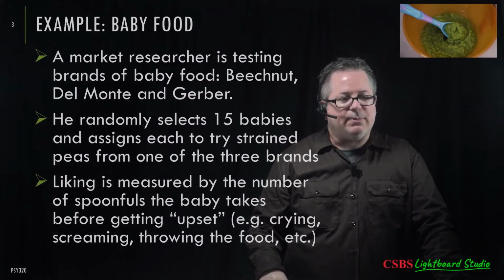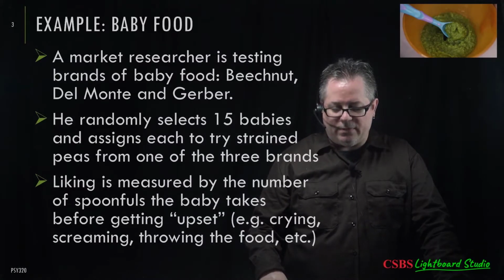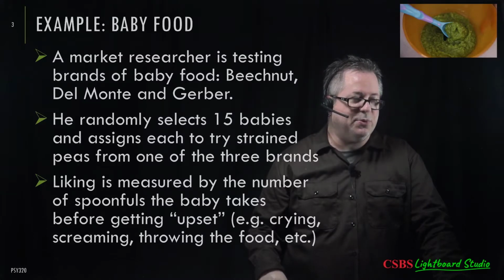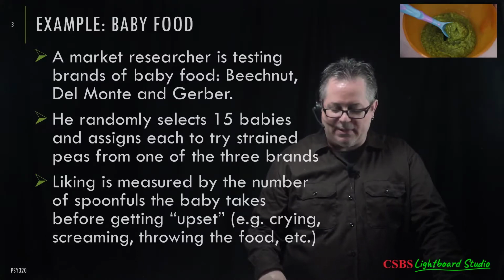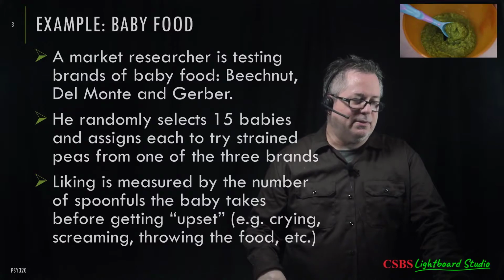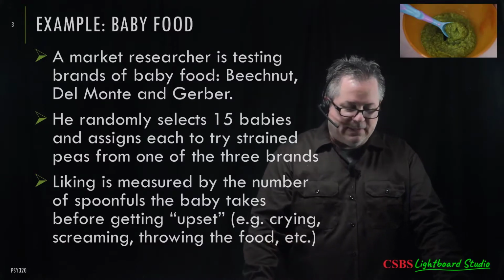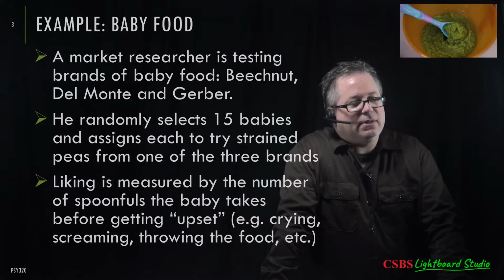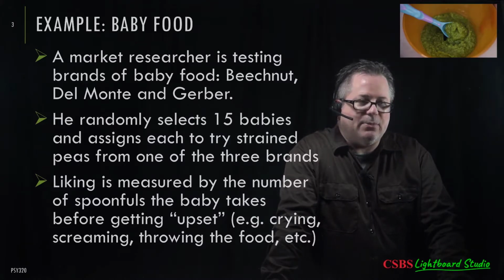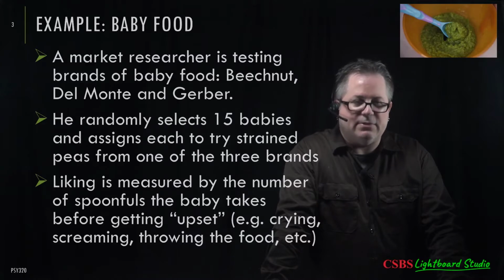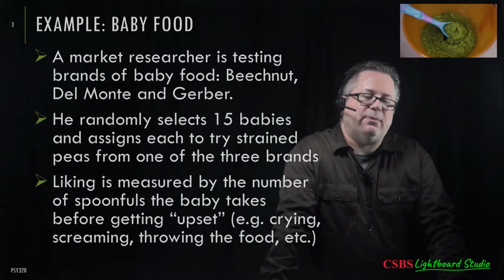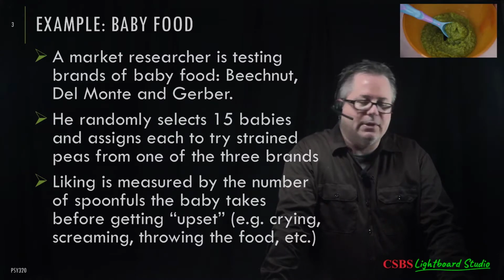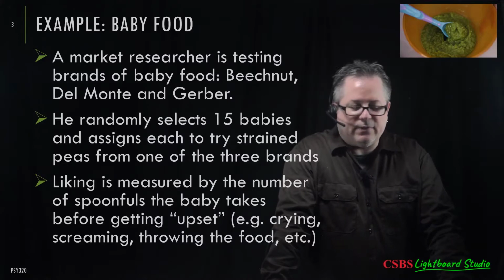They probably pick strained peas because of all the baby food, it's one of the grosser ones, at least in my opinion. So if you could get a baby to eat strained peas, you're doing a pretty good job there. Liking here is measured by the number of spoonfuls the baby is willing to eat before they get upset, like cry or scream or throw the food or refuse to eat or whatever it is.